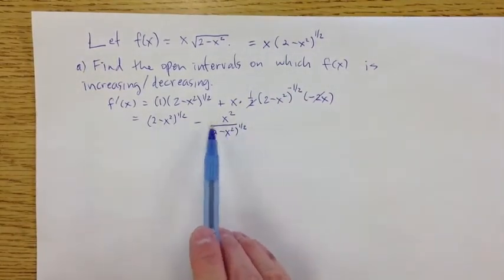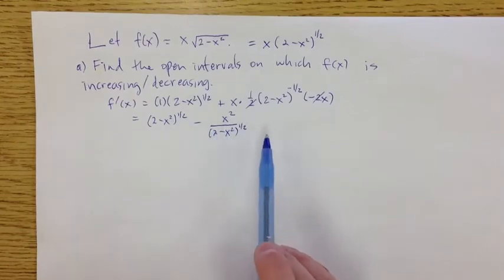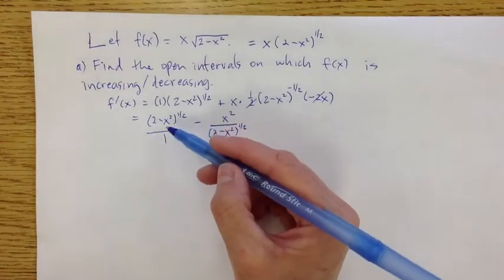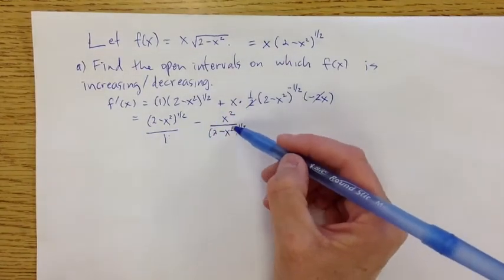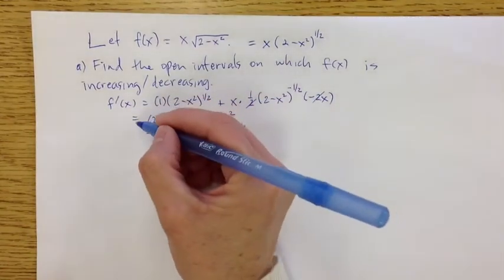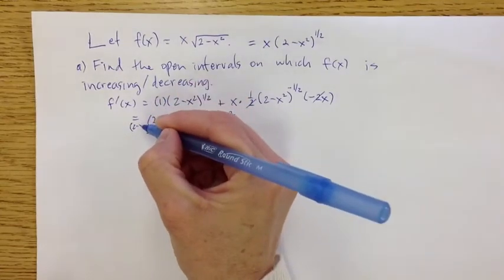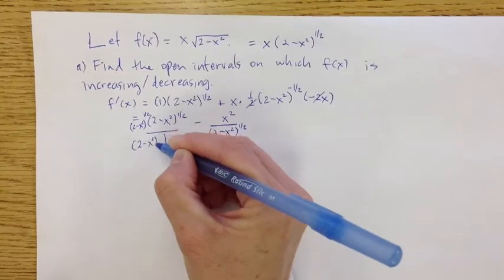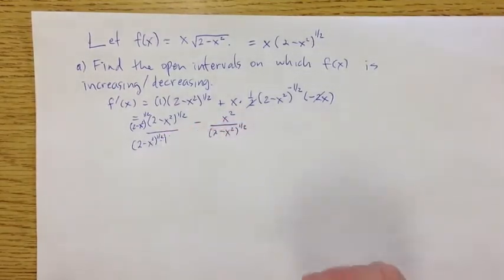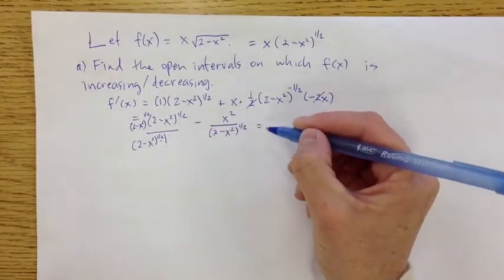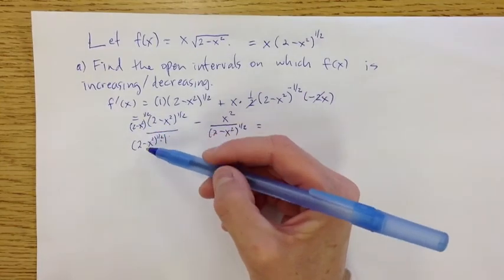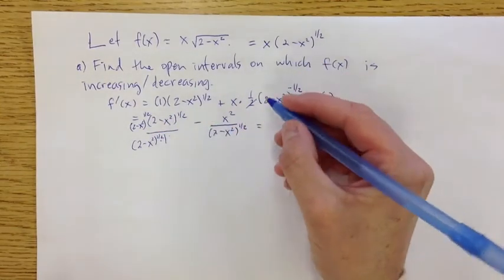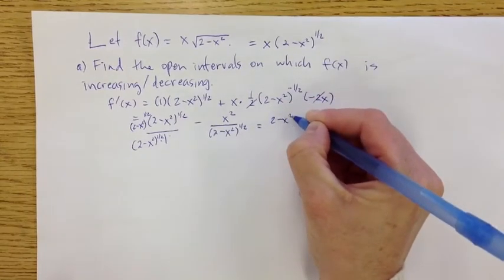Now let's get a common denominator here. We can view this as being over 1, so we take the top and the bottom and multiply by this denominator, 2 minus x squared to the 1/2. So in the top we end up with 2 minus x squared to the 1/2 times 2 minus x squared to the 1/2, that's just 2 minus x squared.